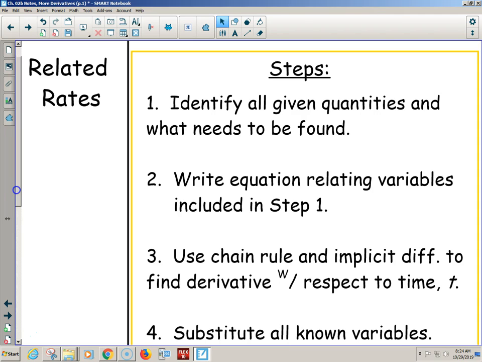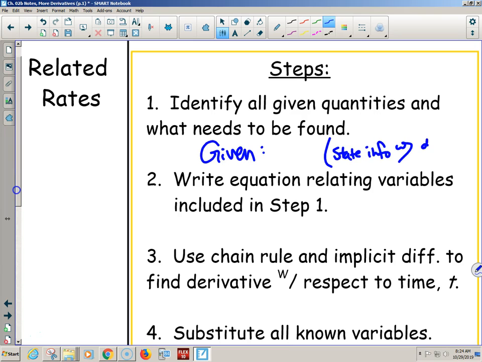Okay? So to figure out who are the givens? Oh, that's easy. You guys saw me do that in that example, right? Let's do a different color to make it stand out. Who are the givens? And I want you to state the info with, you guys are tracking, right?